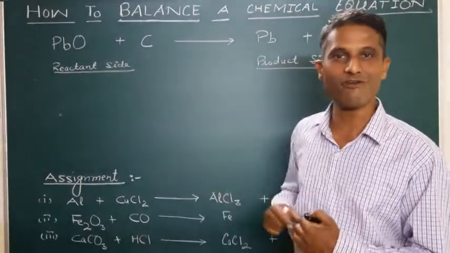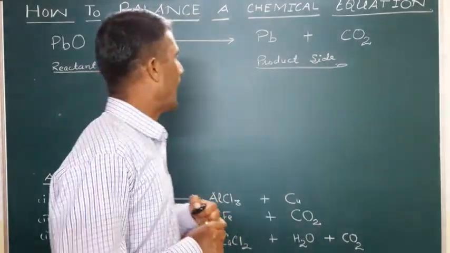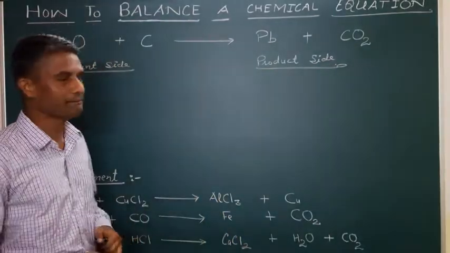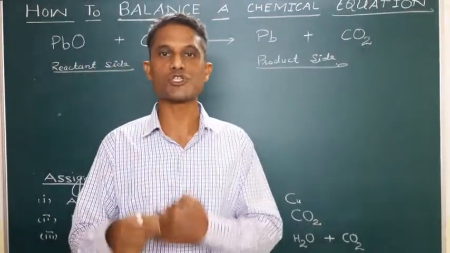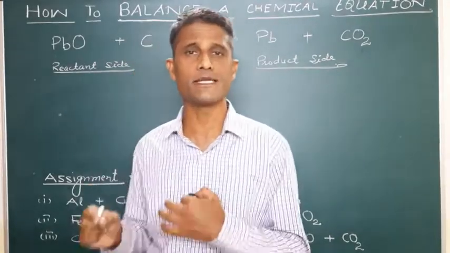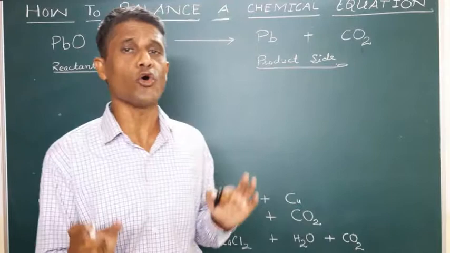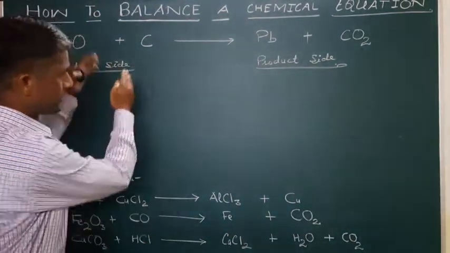Once again, I am going to focus on the balancing of a chemical equation, as I have just explained in my previous video how to balance a given chemical equation and what the procedural work is. By knowing those nitty-gritties, let us take another chemical equation.